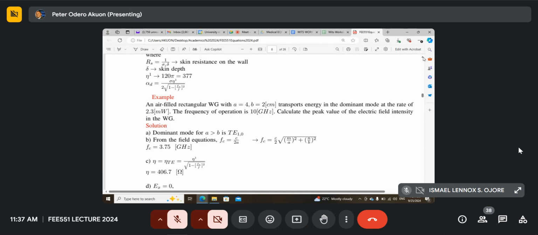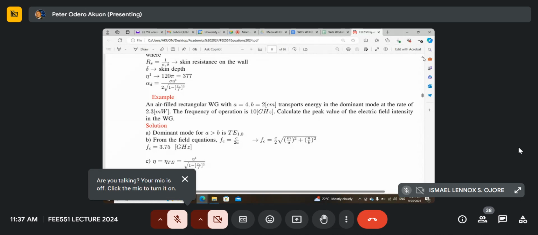So we are saying it is working in the dominant mode, and the power is given. This is the power that is injected. The frequency is 10 GHz, so we need to calculate the peak value of the electric field intensity in the waveguide.